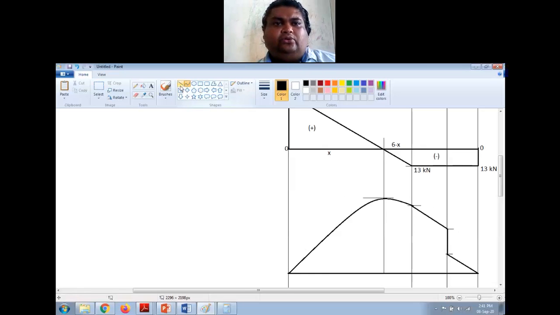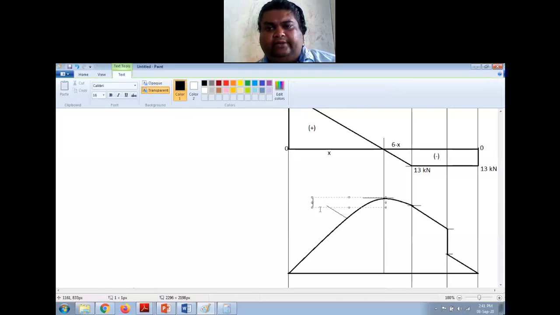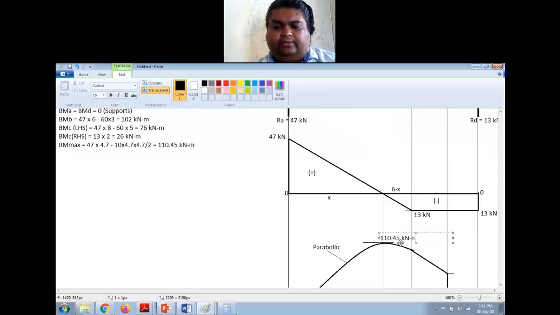And you have to show that this is a parabola, right? So just write here, this is parabolic curve and these are straight lines, and just mention the values of the bending moment. So this is 110.45 kilonewton meter.